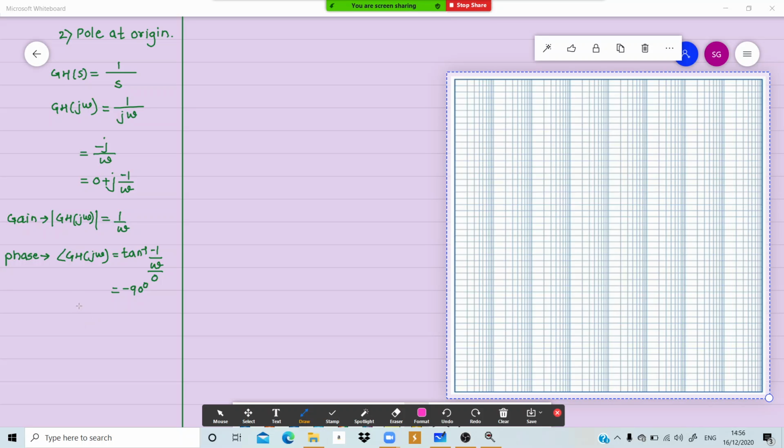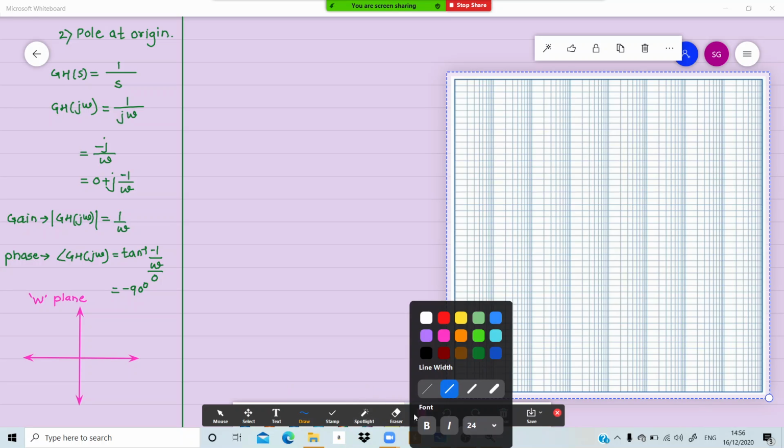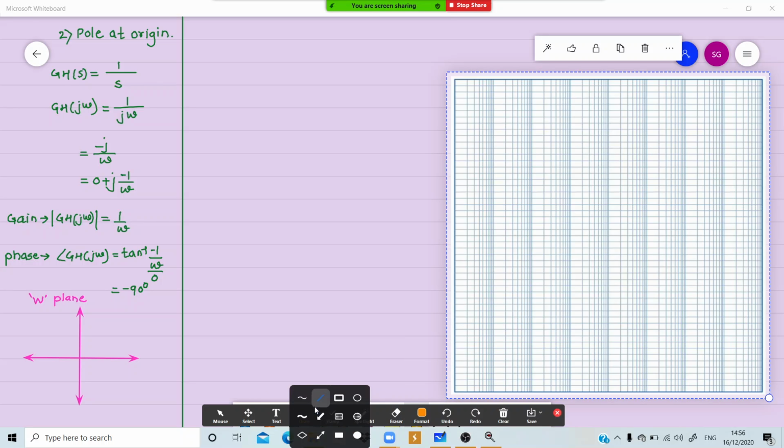See, again what I'm trying to draw is on the W plane. On the W plane, the magnitude is minus 1 upon omega, correct? Minus, so definitely, but the angle is telling you it is minus 90, so definitely it is in the downward direction. So I'll draw it from this point in this direction, and you are going to have this magnitude equal to 1 upon omega.